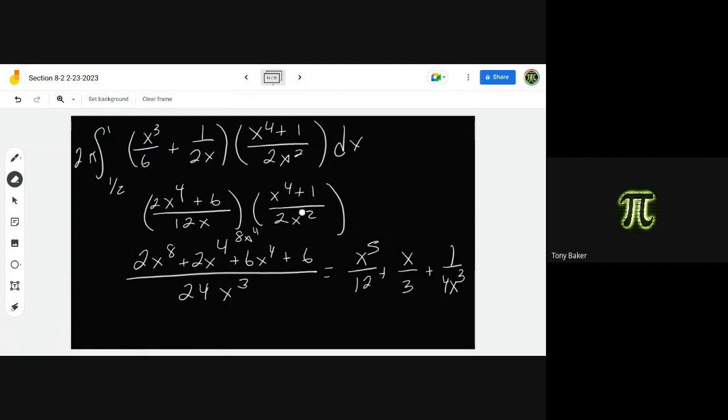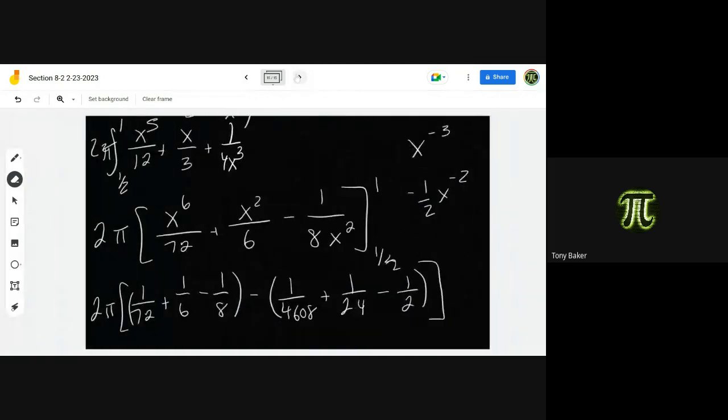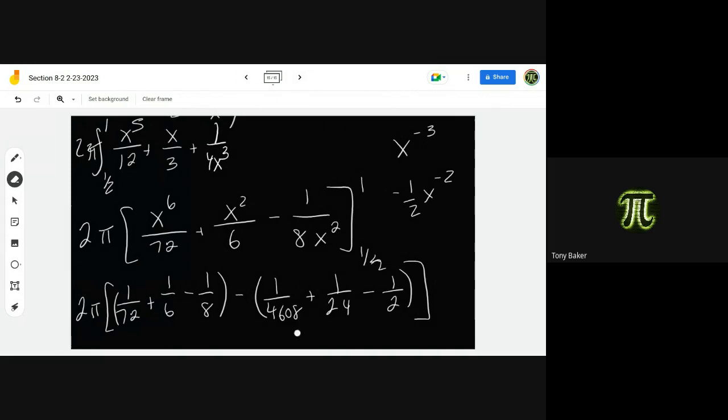You're missing something over here. So, how'd you get 4608? Right there. It's 1/2 to the 6th power, which is 1 over 64, divided by 72. So it's 72 times 64.